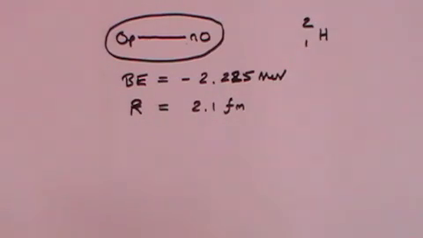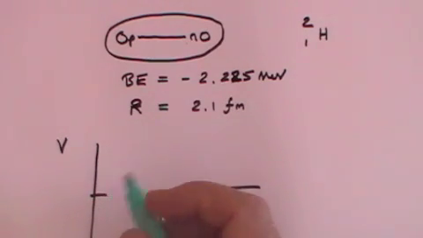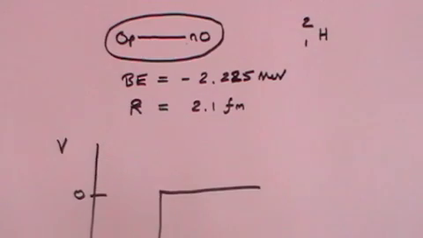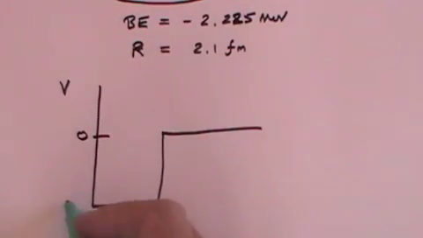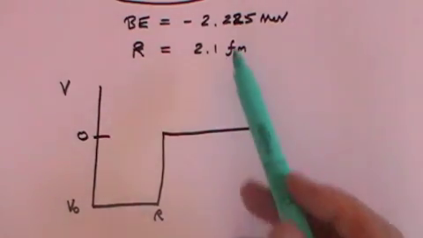Now, to try and calculate the nuclear potential, which is, remember, potential energy, I'm going to simplify the diagram I did on the previous page to a square well, where this is V, the potential energy, this is the energy at zero, this is the nuclear potential within the bit that is attractive, call that V0, that's the nuclear potential, and this distance here is R, which is 2.1 Fermis.